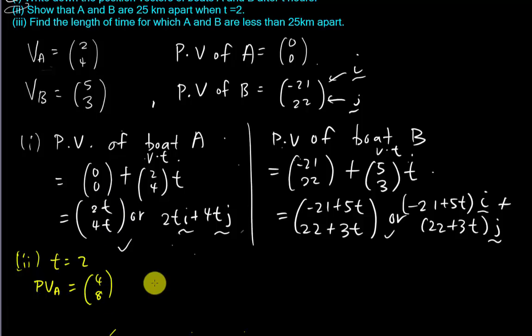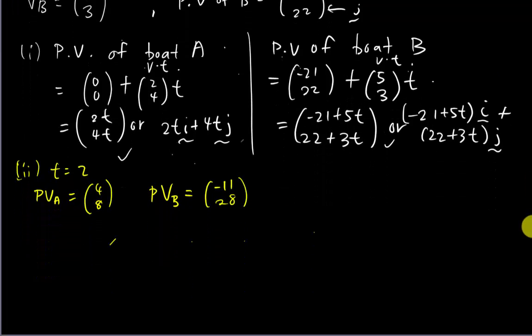And then the position vector of B, when I substitute 2 into it, will be negative 21 plus 10. 5 times 2 is 10, so it will be negative 11. And 22 plus 6 will be 28. I hope you understand this one. Of course in the exam you have to show the examiner you substitute 2 into it, but here I just want to save some time.